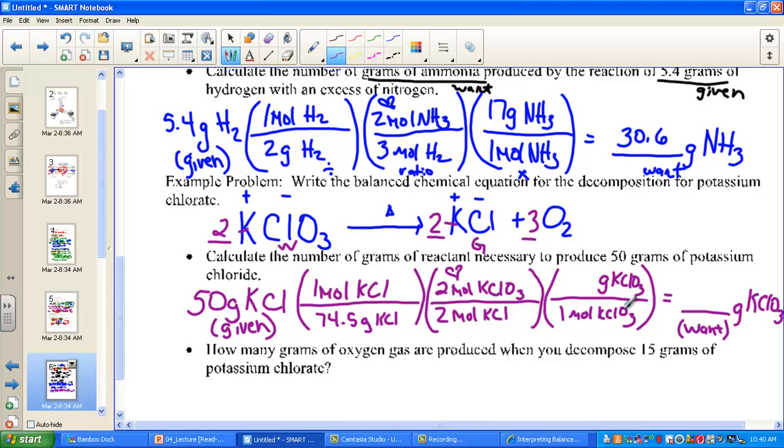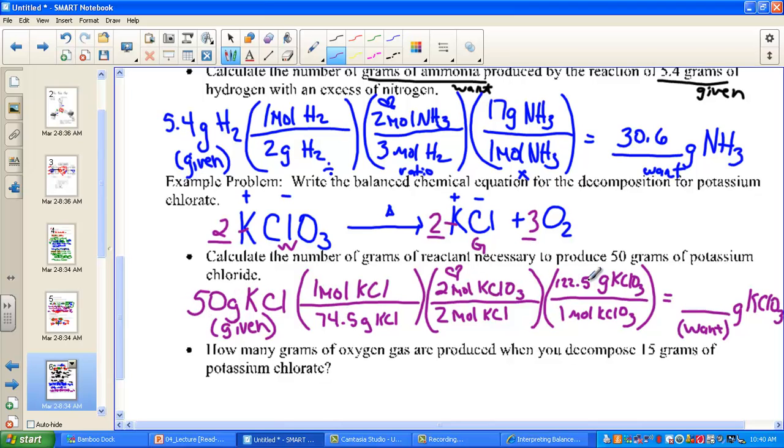Let's see, potassium is 39, plus 1 chlorine at 35.5, plus 16 for the oxygen, but there's 3 of them, so I multiply 16 and 3. Total formula summed is 122.5 grams.